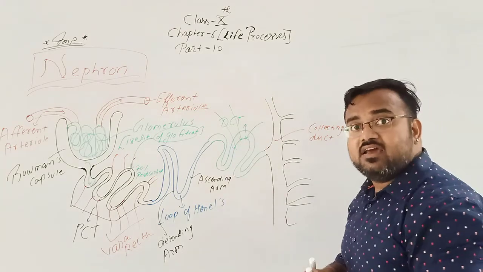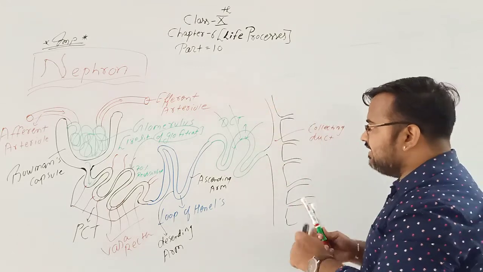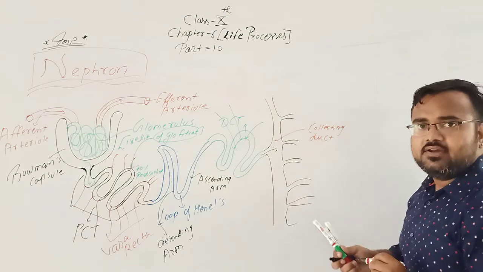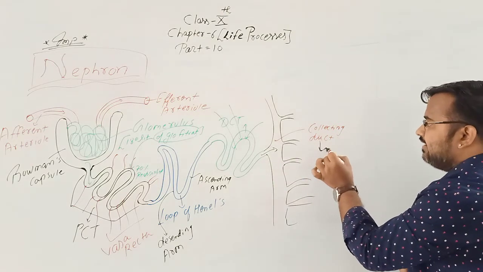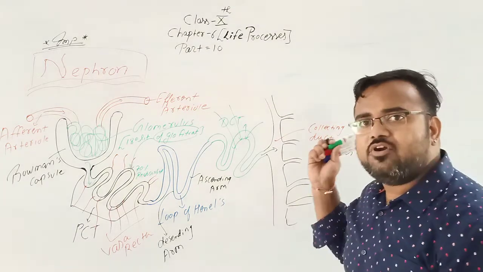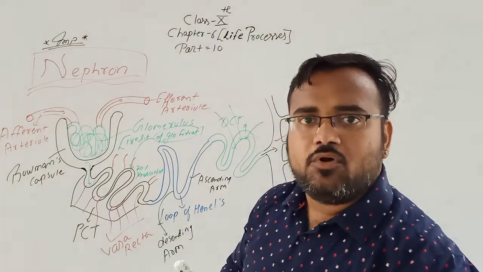Here the concentration of urine is again increased. Finally, the urine is transported into the collecting duct, which is connected to the ureters. From the ureter to the urinary bladder, and the urine is excreted from the body.